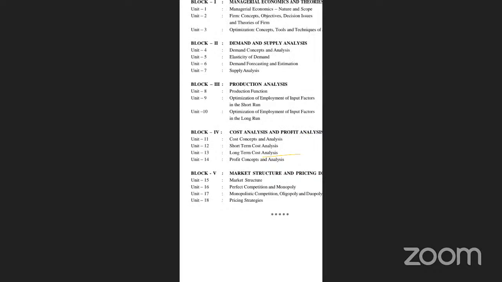And then we have block 3, which is all about production analysis. Production analysis is all about the function which is being created by economists. This production function deals with the resources which are available for a given firm. Certain resources are found to be fixed and a few are variable.